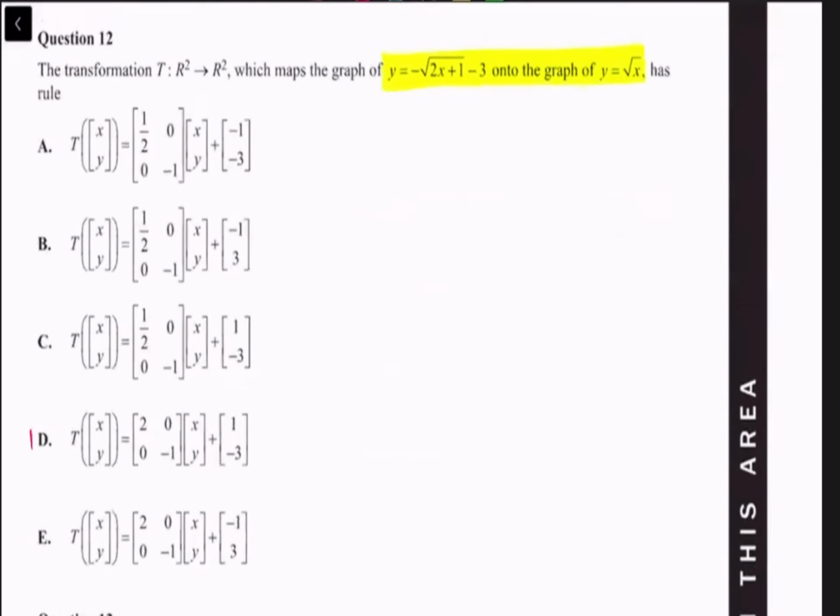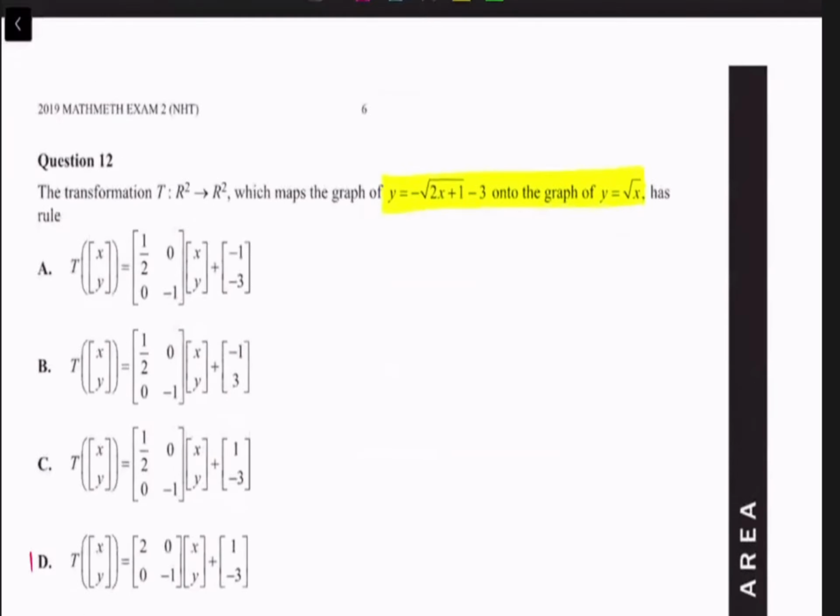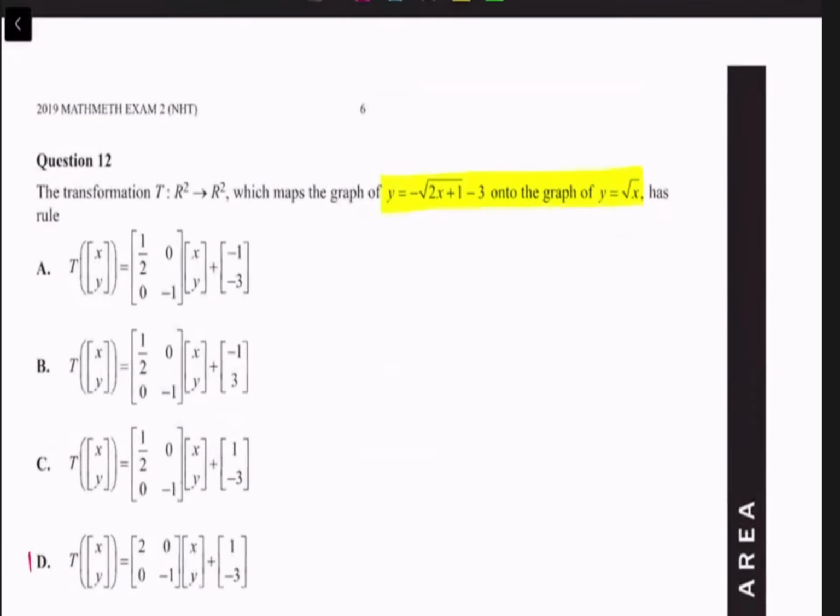Now we're looking for a matrix. To do this, instead of trial and error, what you want to do is work backwards. If this is our transformed function, and this is our original function, this should be written in terms of y dash and x dash.